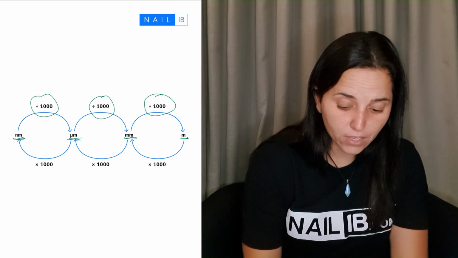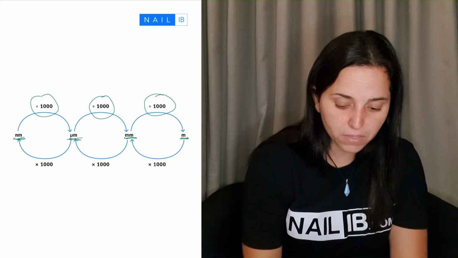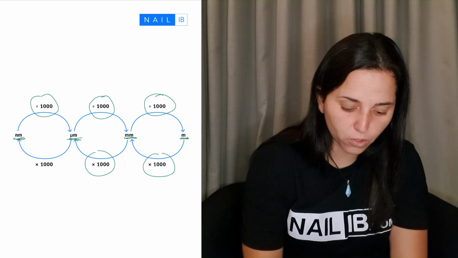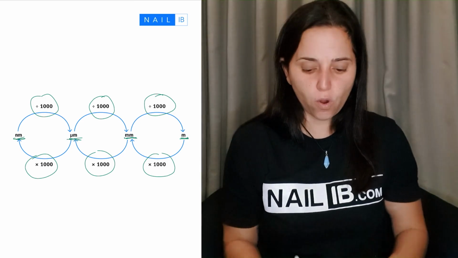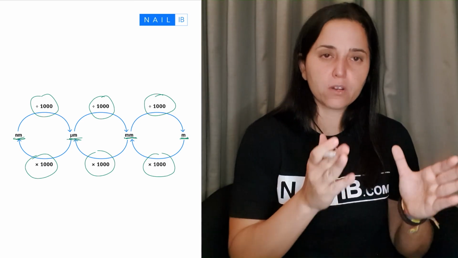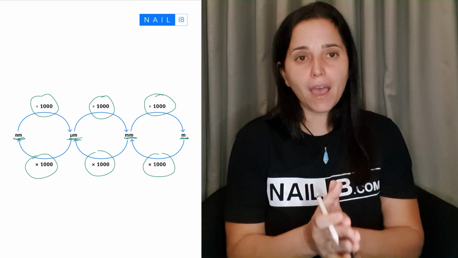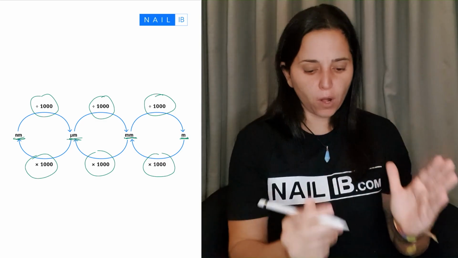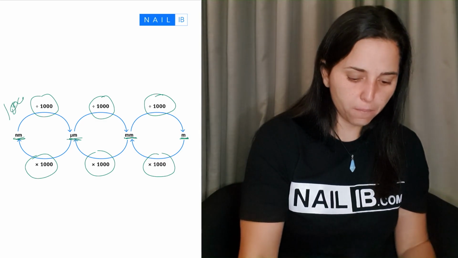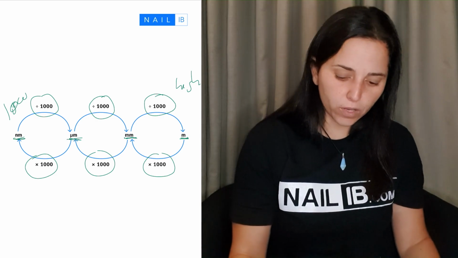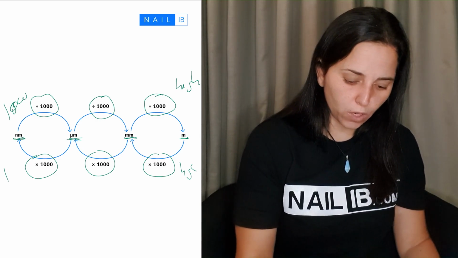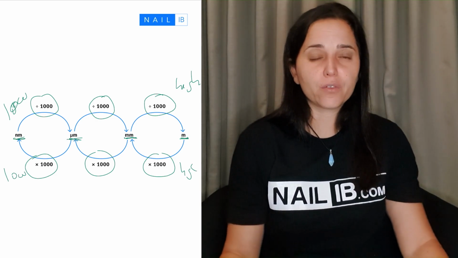Sorry, I made a mistake here. If you're going upwards, that's going to be division. And if you're going downwards, it's multiplication. That means always by 1,000. You're going from meters to millimeters to micrometers to nanometers. So keep in mind that if you're going from a low number to a high number, you divide. When you're going from a high number to a low number, you multiply by 1,000.